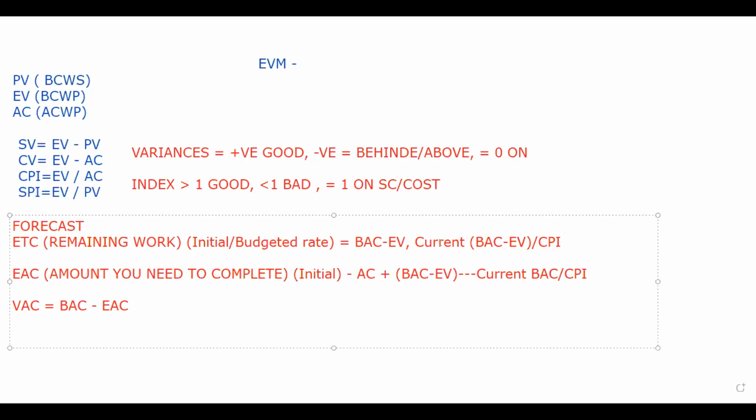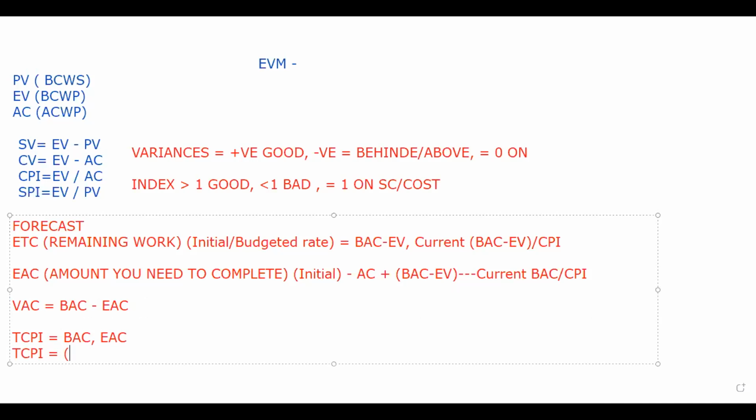To combine both of them, instead of working one by one, we can use the formula TCPI, to complete performance index. And here we have two constraints: whether you can complete the project within budget or you can complete the project with extra money. In both situations, the formula will remain the same. What will change?